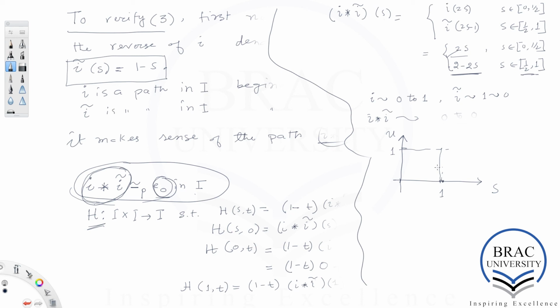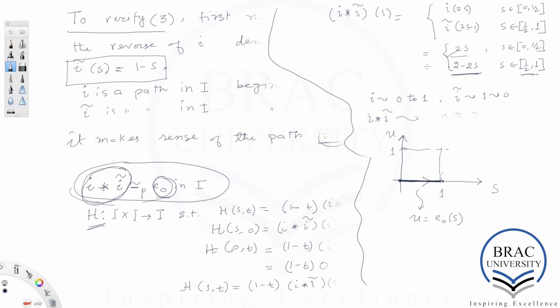The graph of this path here, E0, is just the horizontal line lying along the s-axis. So this is u equal to E0 of s.